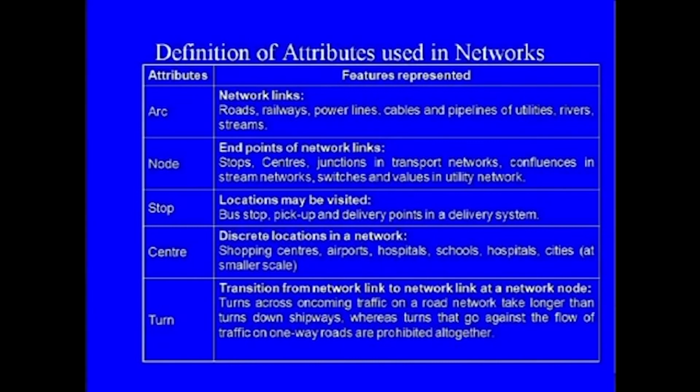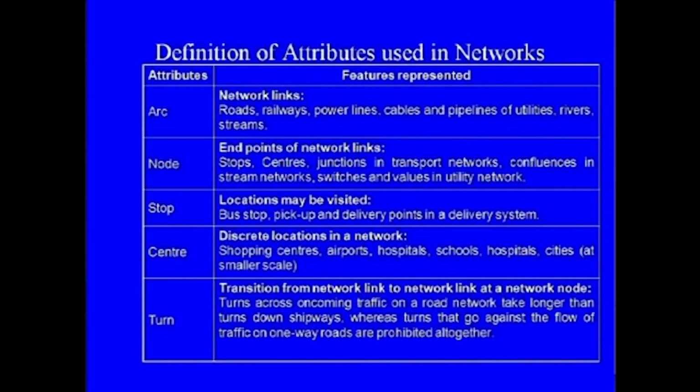The next attribute is stop, that is locations that may be visited, for example a bus stop, or a pickup or delivery point in a delivery system. Then center, that is discrete locations in a network, for example shopping centers, airports, hospitals, shops, schools, cities at a smaller scale.